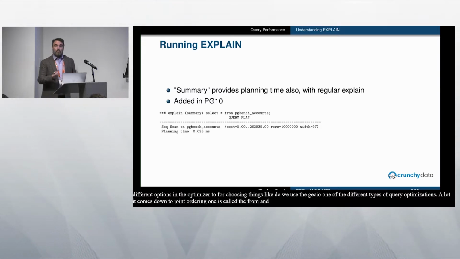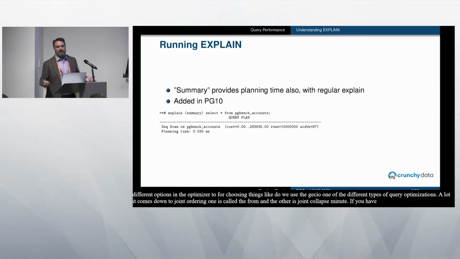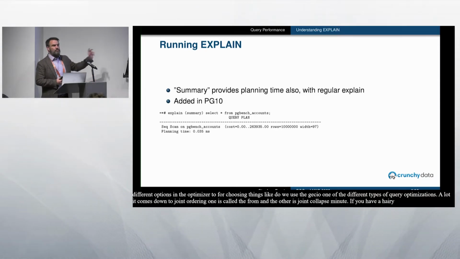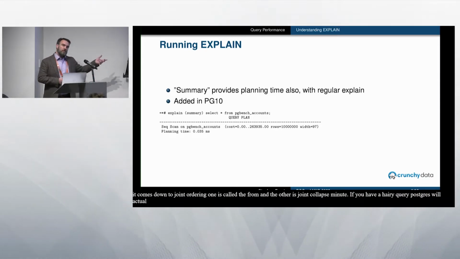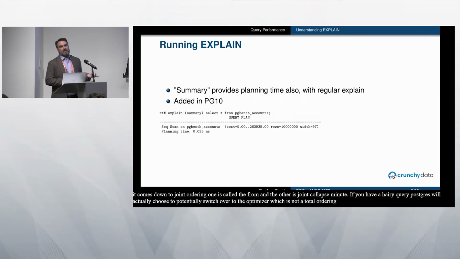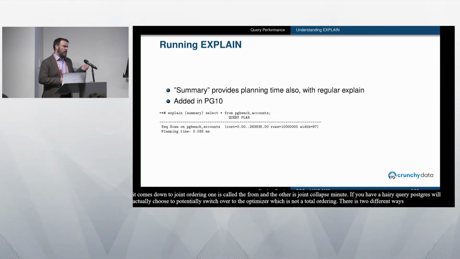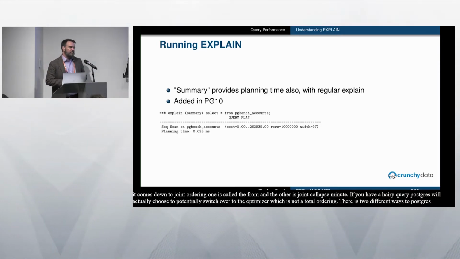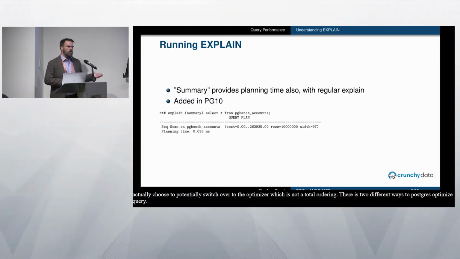If you have a particularly hairy query that's joining lots and lots of tables, Postgres will potentially switch over to the GEQO optimizer, which is not a total ordering. So there are two different ways that Postgres optimizes queries: we use the genetic query optimizer, or we use the total ordering optimizer for total join ordering.